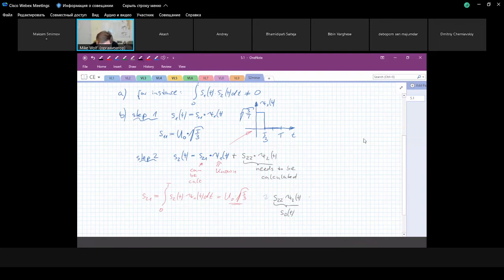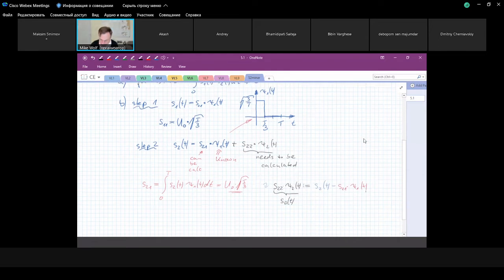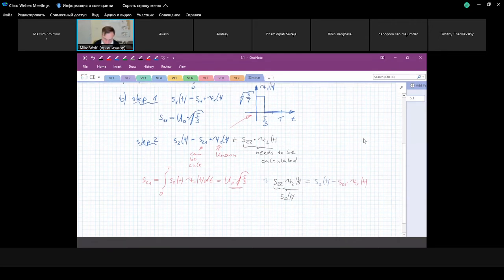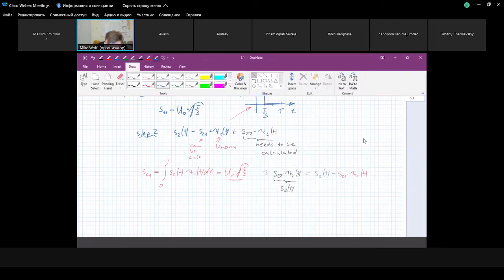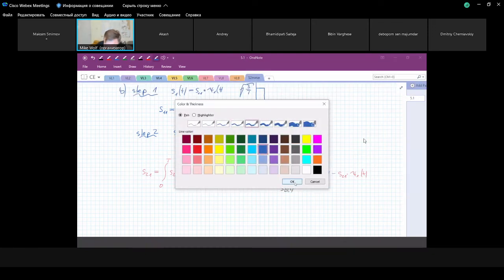And this difference can now be calculated because it's nothing else than S2 of t minus, and the red one is known, S21 times C1 of t. So this needs to be done, and then we have a weighted version of the second basis function. Let's do it.